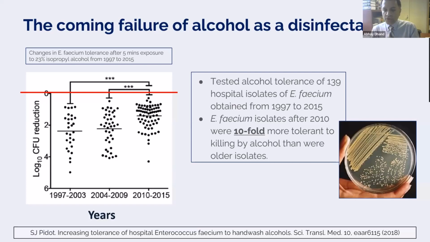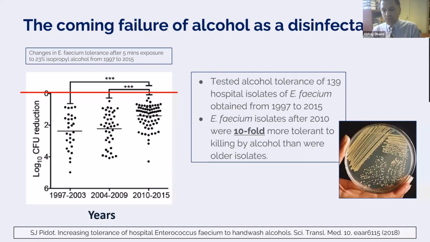Now you take these historical isolates and expose them for 5 minutes to 23% isopropyl alcohol. And you see a distinct difference between the log killing of these isolates. From 1997 to 2003, you see a lot of killing, but that killing decreases tenfold in isolates from 2010 to 2015.